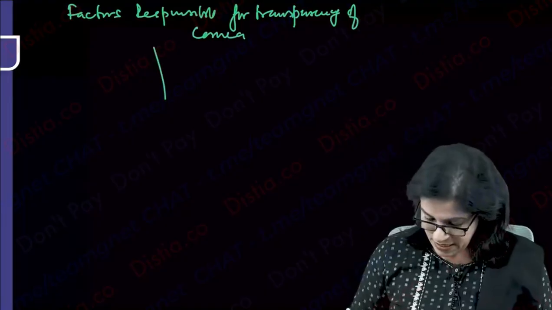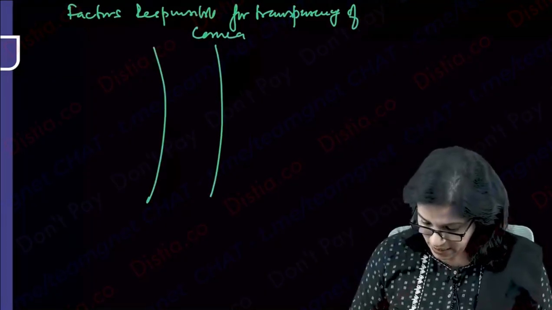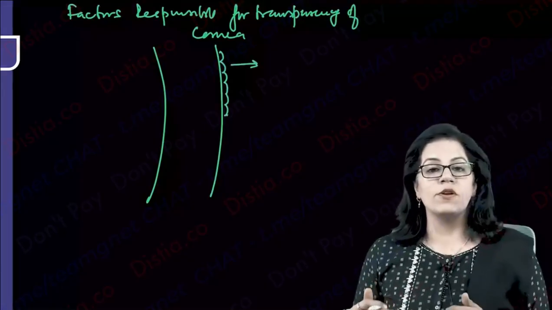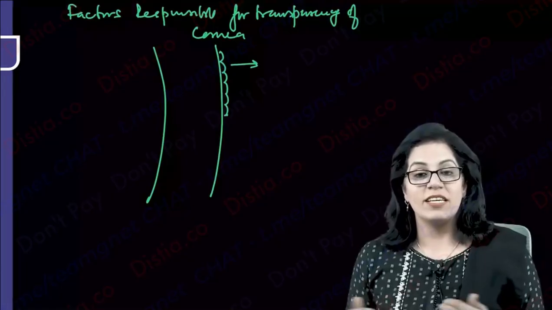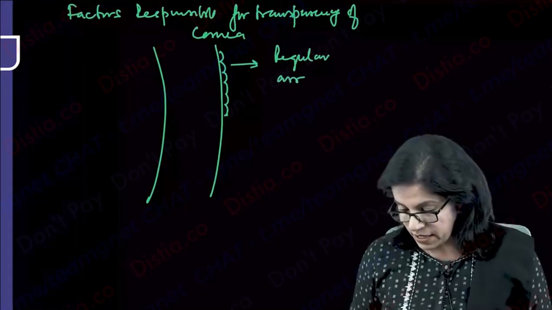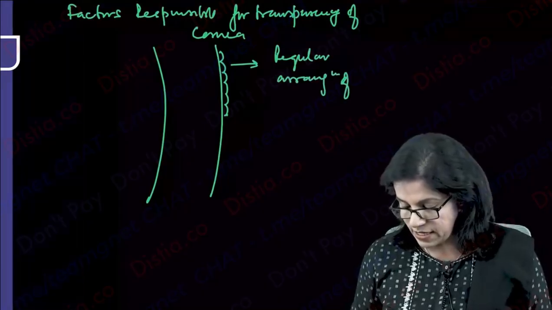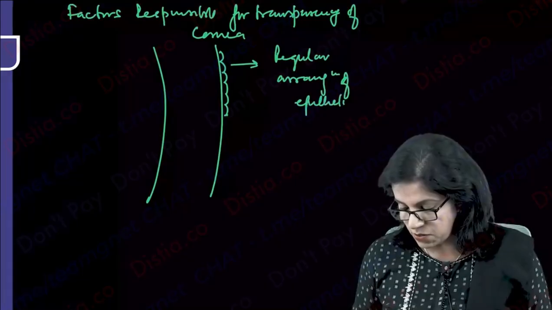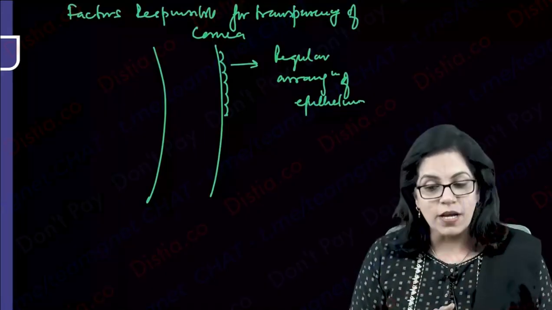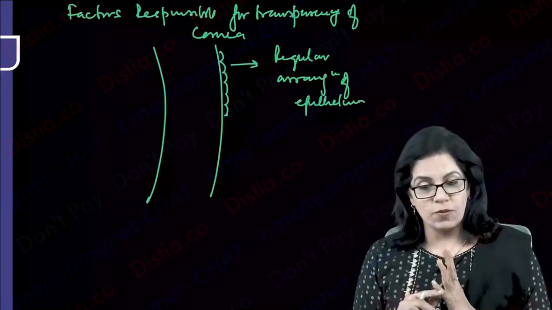So all of you just make the layers of the cornea. At the epithelium level, the contribution to transparency is a regular arrangement, no clumping, with no mitotic figures, especially in the central cornea, which is responsible for your vision. This is one thing which will contribute.